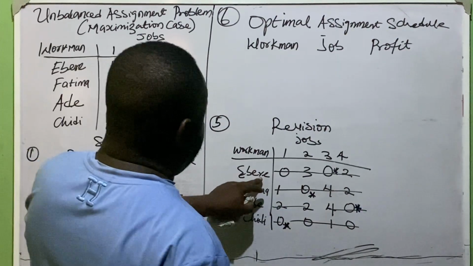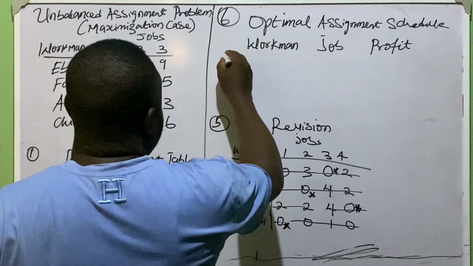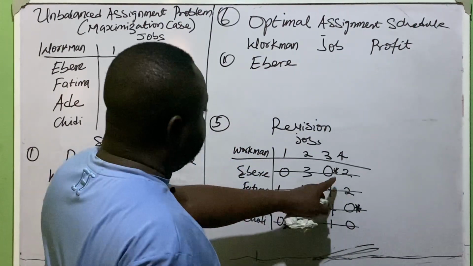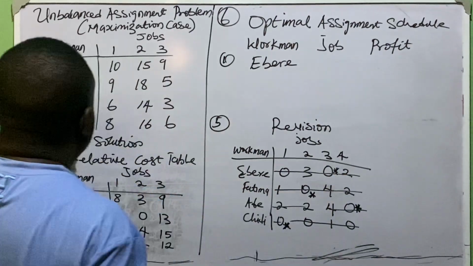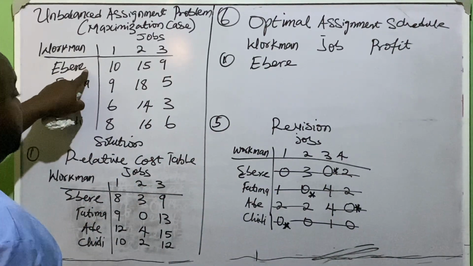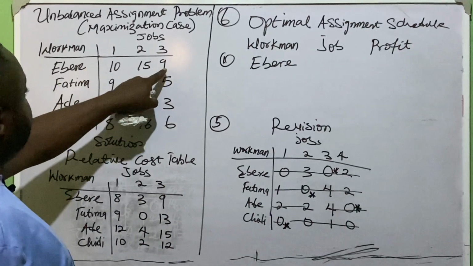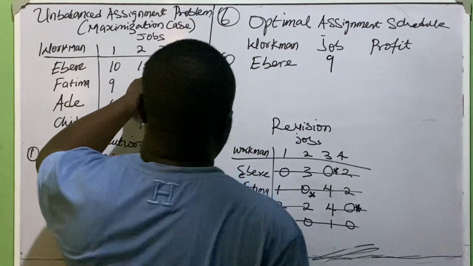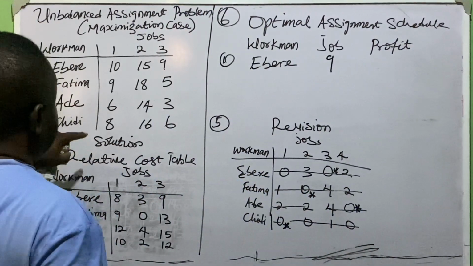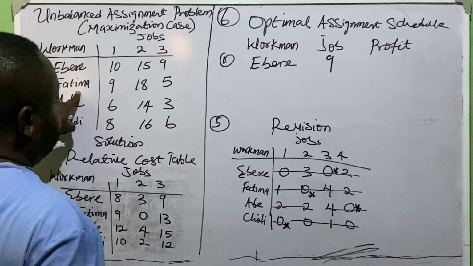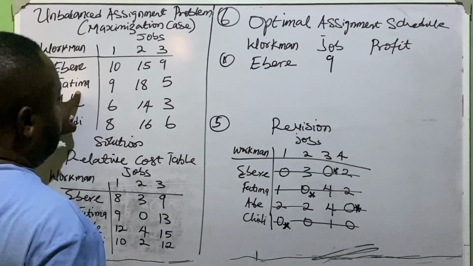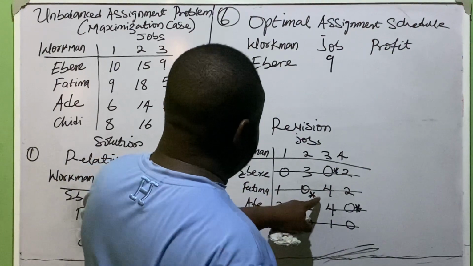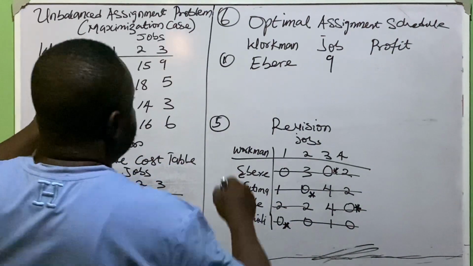So for Ebere, which is number 1, workman, should take job 3. So we're coming here to take the profit. So Ebere should take job 3, that is 9. Then Fatima will take job 2.